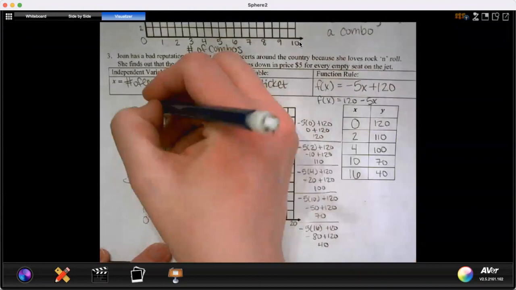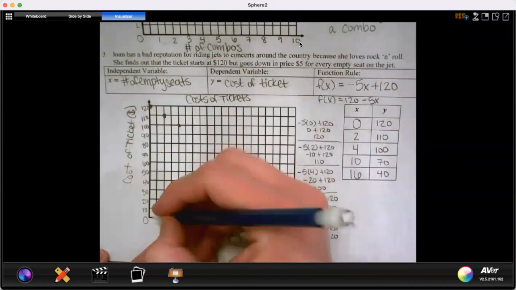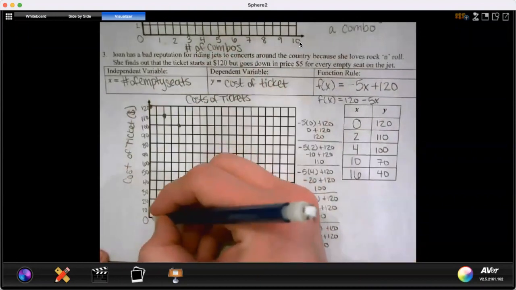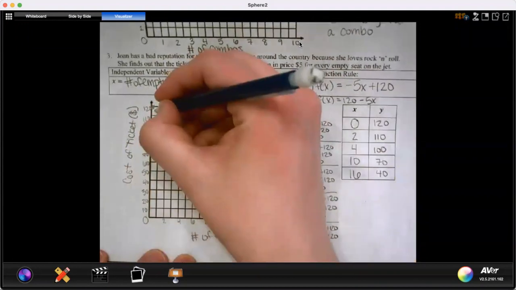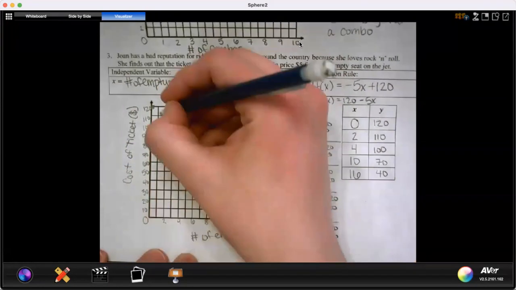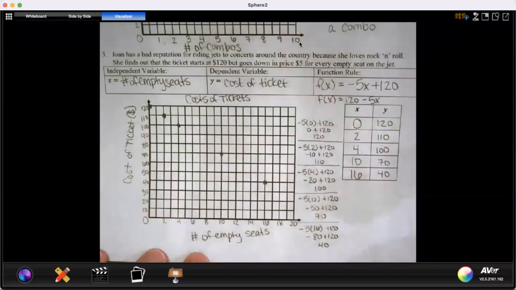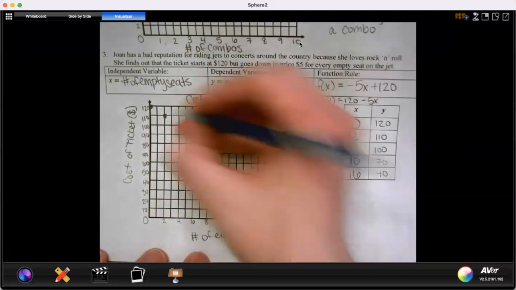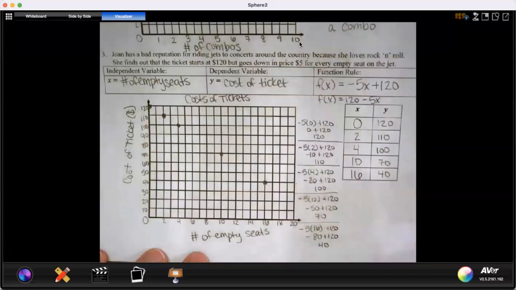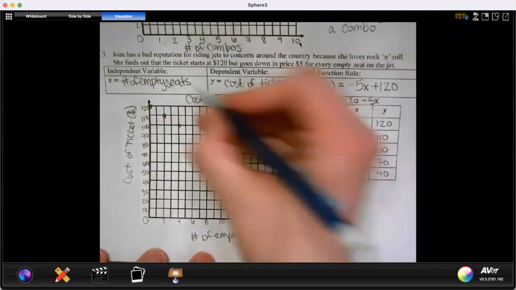Because if I draw a line that says, hey, at half of X, I would have a price. At 1.5, I would have a price. Is that realistic? Would I have a price when I have 1.5 or 2.4? Can I have half of a seat?